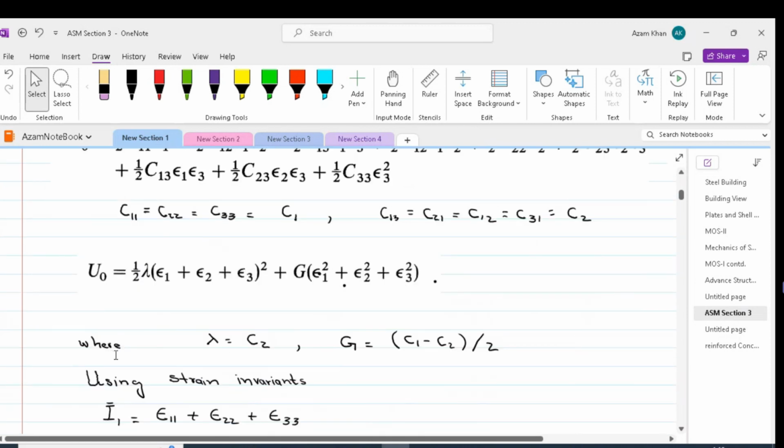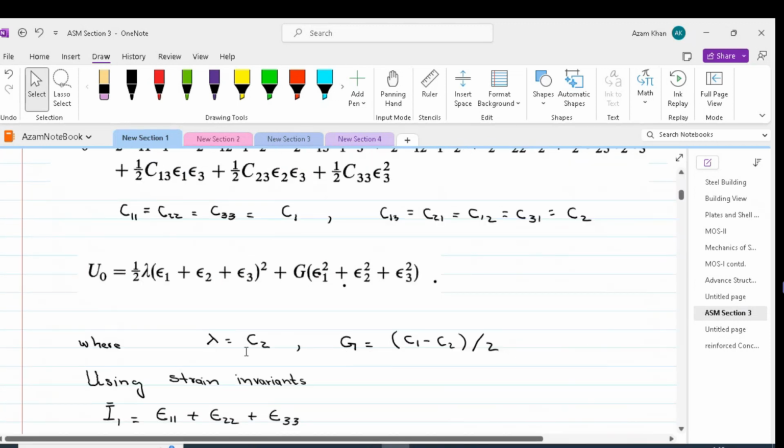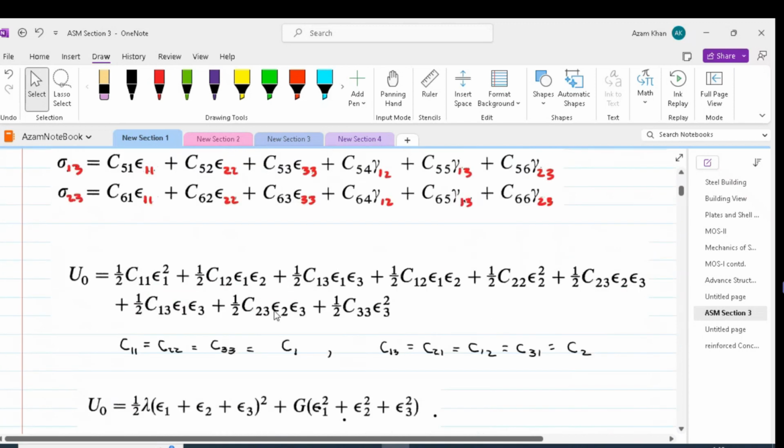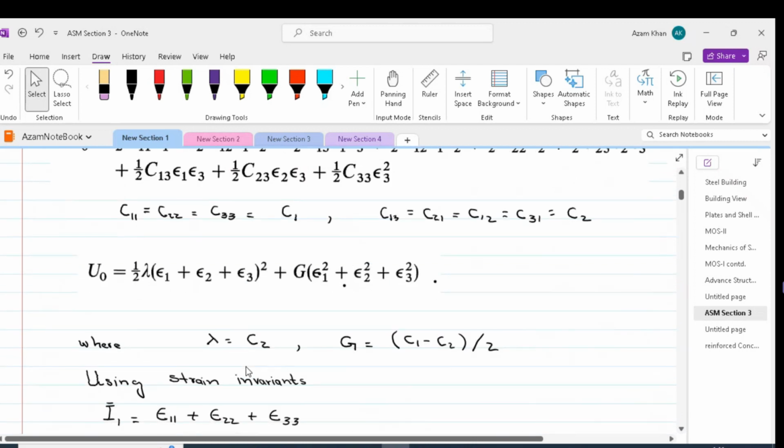Over here, our lambda is equal to C2 and G is equal to (C1 minus C2) by 2. So in this equation, if we put the constants in the form of lambda and G and try to complete the squares, we will get this form of strain energy density. The coefficients lambda and G are called Lamé's elastic coefficients.